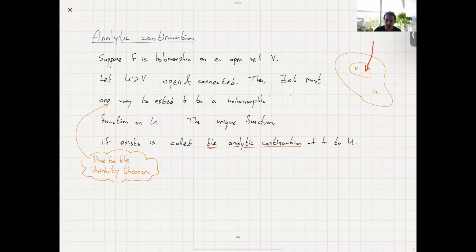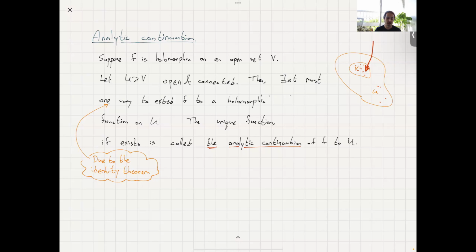I think of V as an open set in which I understand F. Maybe I did a Taylor expansion, maybe somehow I can understand F somewhere, but not everywhere I want to. And U is the set in which I want to understand F. I want to figure out the evaluation of F here also, not just in V, which for some reason I can understand better.